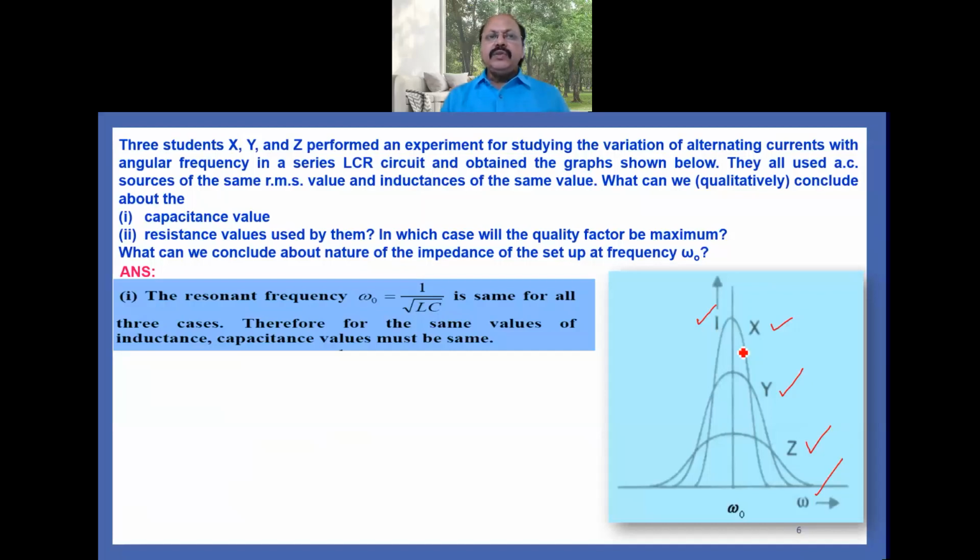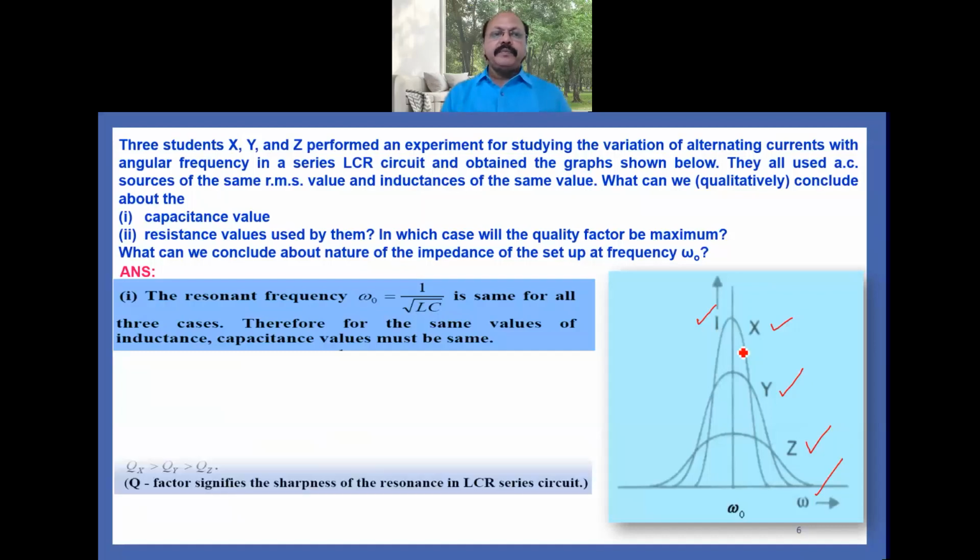Because all three students X, Y and Z used an AC source of the same RMS value. So that's why angular resonant frequency is the same for all three cases. Hence, for the same value of inductance, capacitance value must be the same.